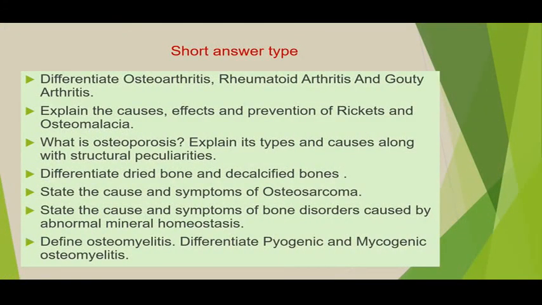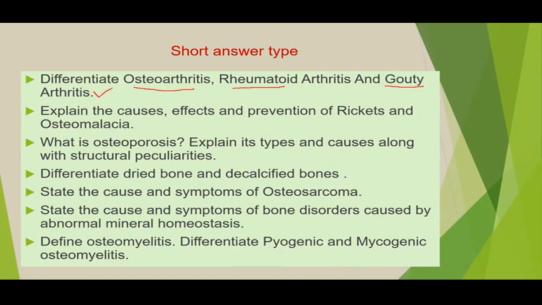Second category of questions are short answer type questions which you have to answer in a single paragraph. So the first question from this category is differentiate osteoarthritis, rheumatoid arthritis and gouty arthritis.